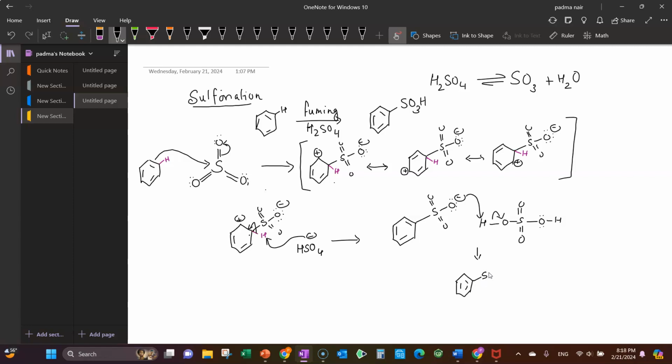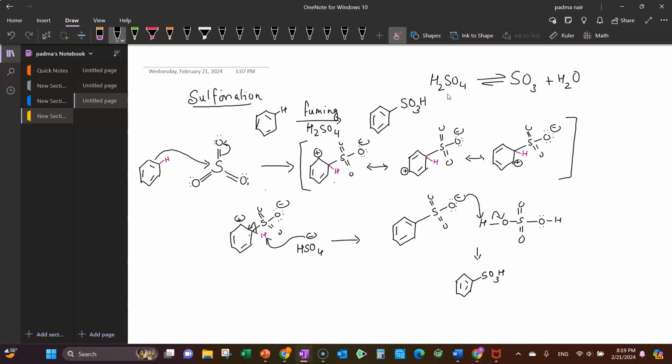So you can now write it as SO3H. Correct? S, three O's, and then it takes the proton from here. So that's how the mechanism of sulfonation is understood. First, attack of the benzene ring onto the sulfur, formation of the sigma complex, resonance stabilization of the sigma complex, and finally the base, which is HSO4 minus.